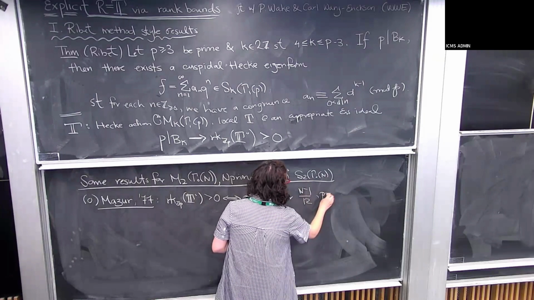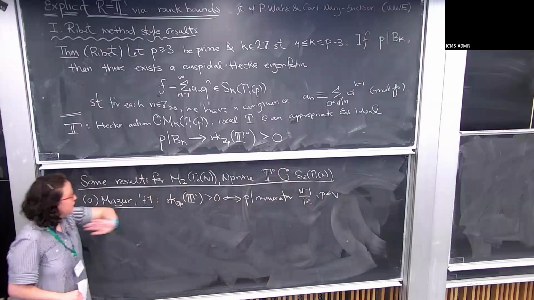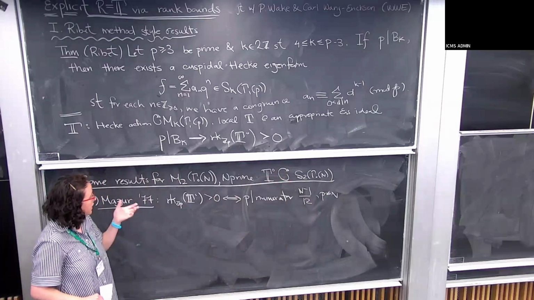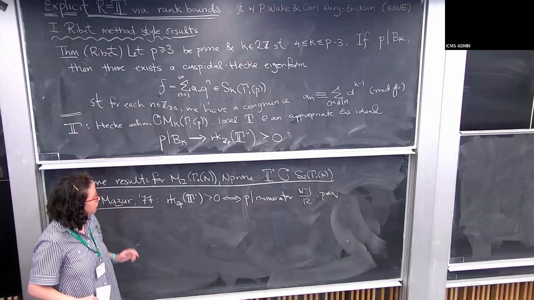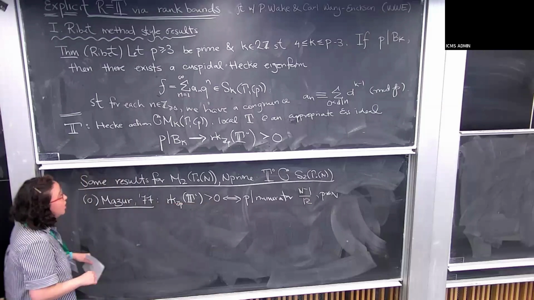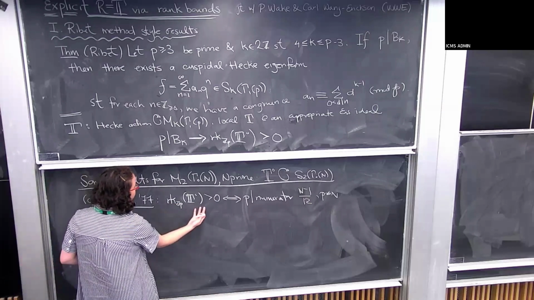Just to be safe, we'll assume that p is not N. This says there is a cusp form of weight 2 and level Gamma_0(N) that is congruent to our Eisenstein series of level Gamma_0(N) if and only if p divides this numerator. Now we can talk about some refinements for when we have multiple cusp forms.